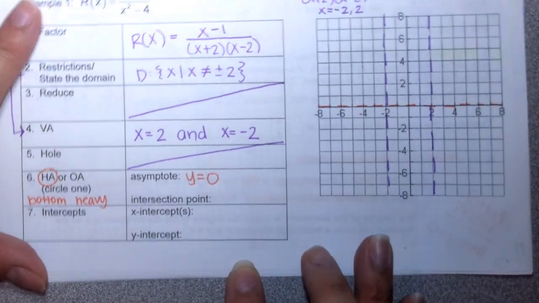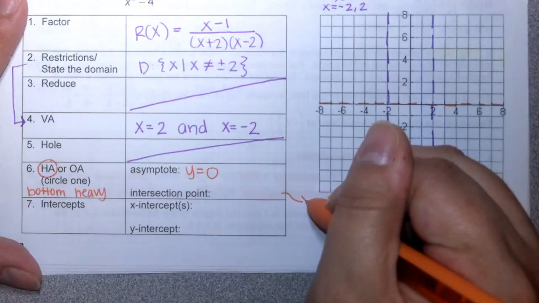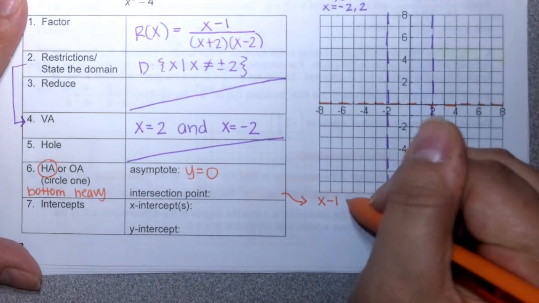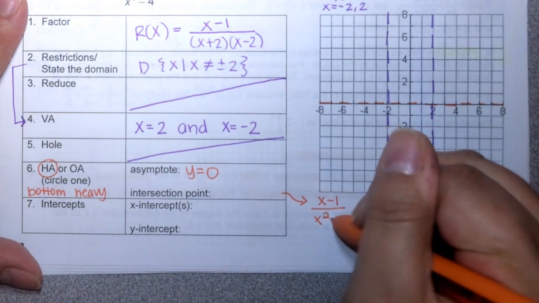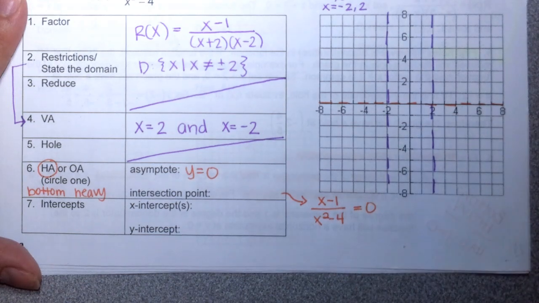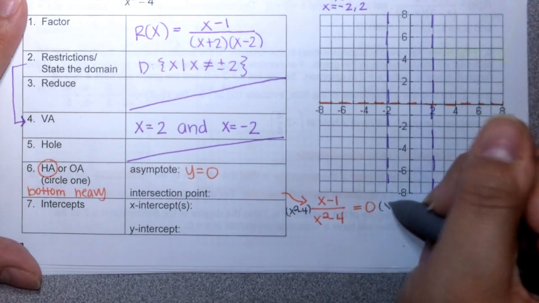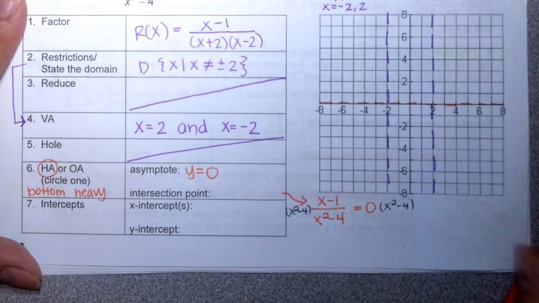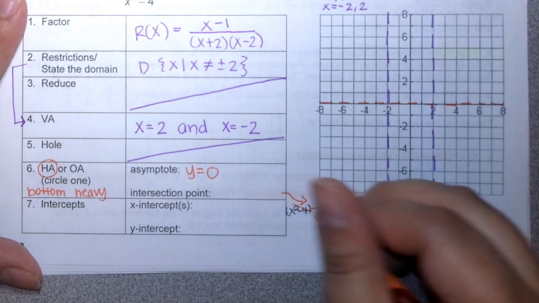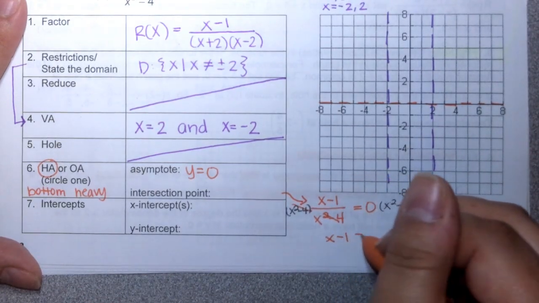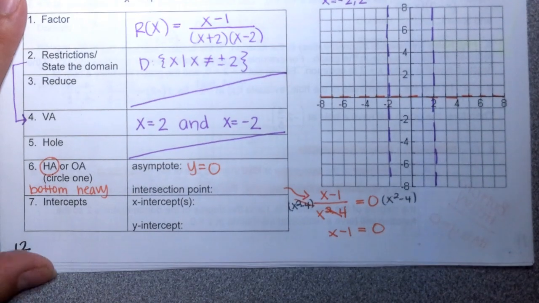All right, last one. What am I going to set my equation equal to here? Y'all do that, please. Isn't it just x minus 1 equals 0?